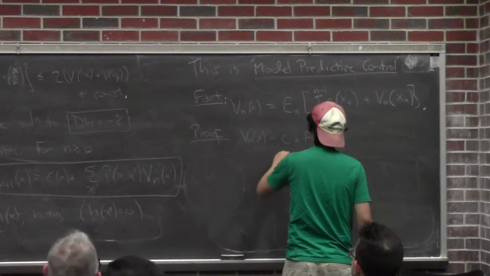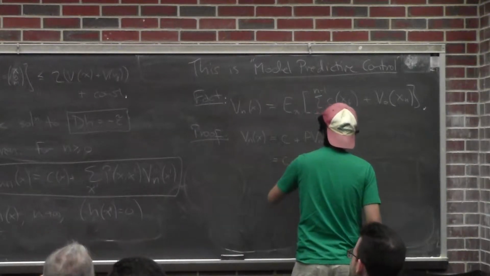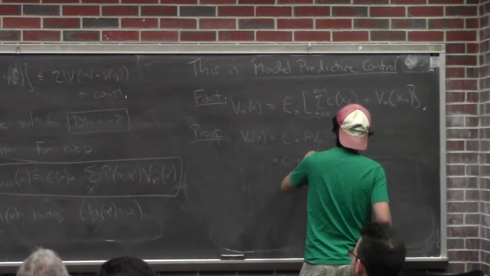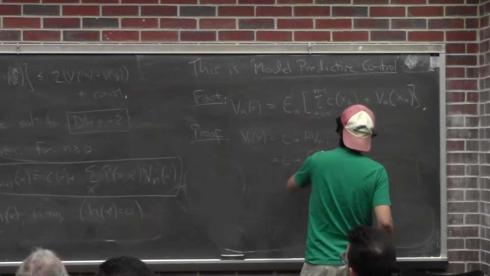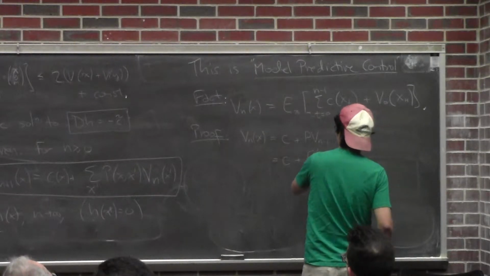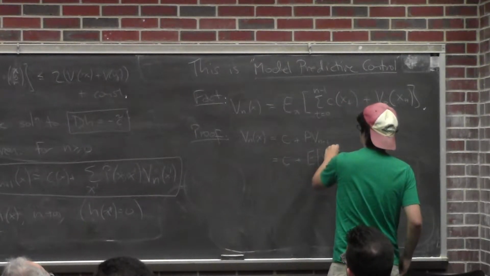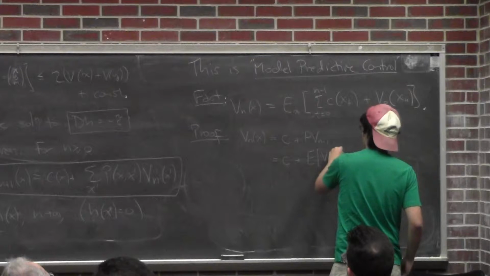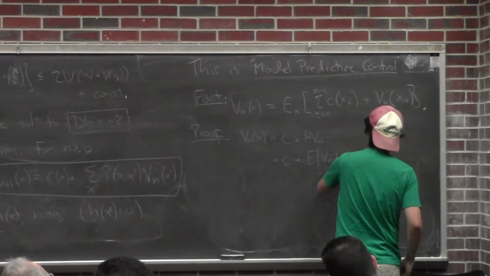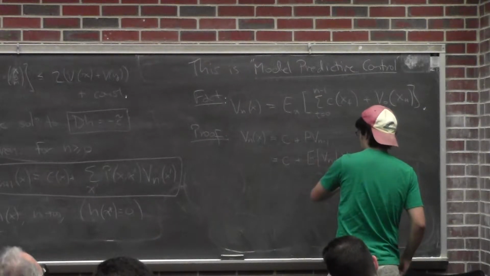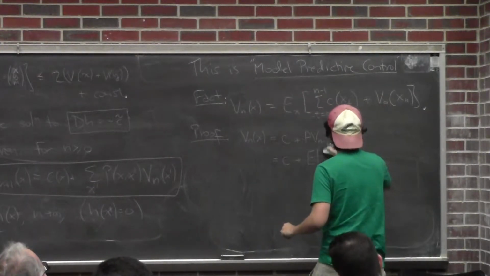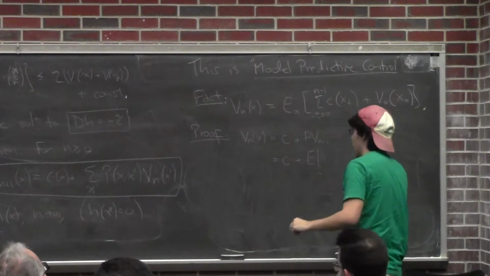Which is equal to C plus the expected value of Vn, given Vn minus 1, or no, I'm getting myself mixed up. Oh, no, it's easier than that.